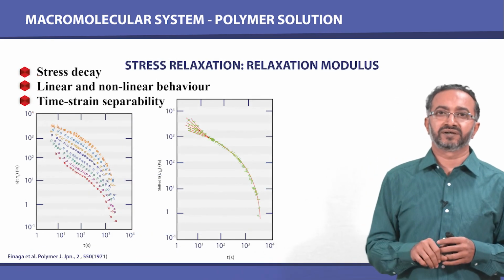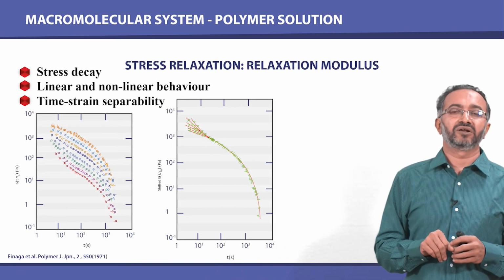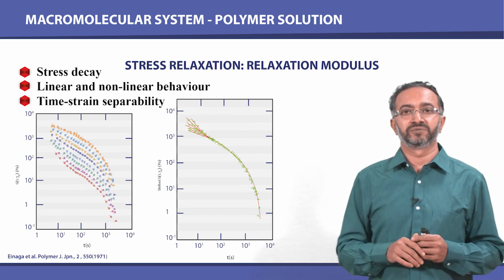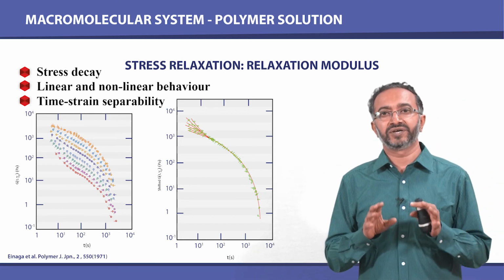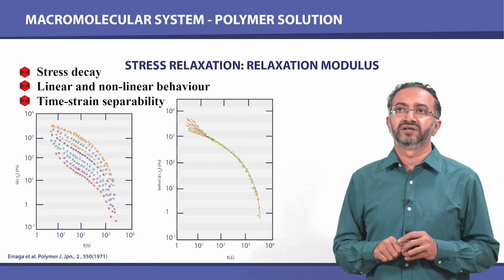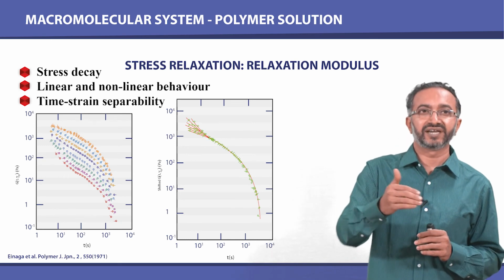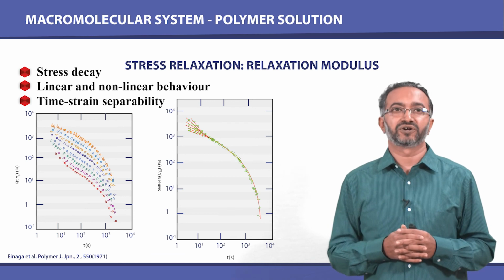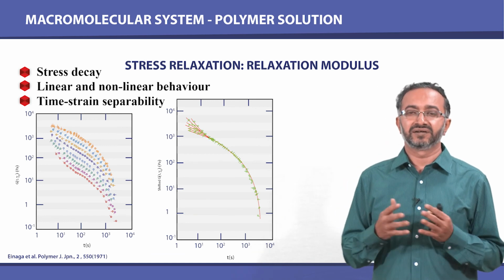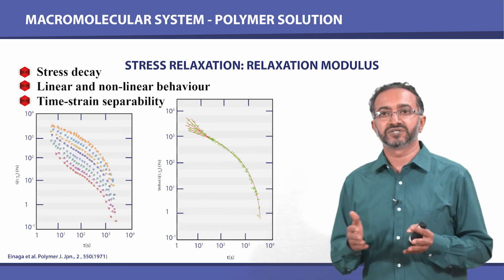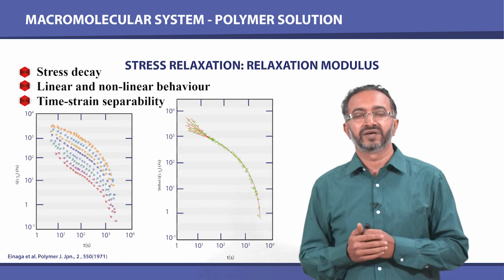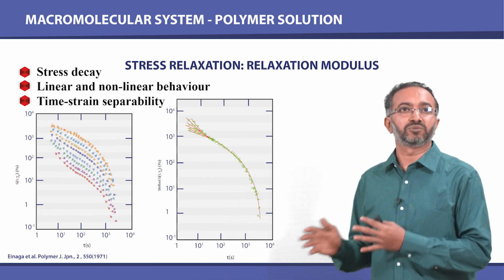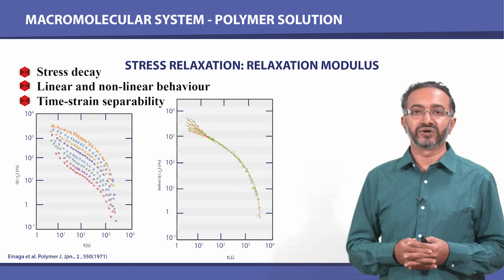Now, looking at another example of material function for polymer melts, in this case we are looking at stress relaxation, where again a constant strain is applied on the material and relaxation modulus as a function of time is observed, and generally we see the response that stress decays over time, and if stress decays to very small values we know that it is some overall fluid like response.